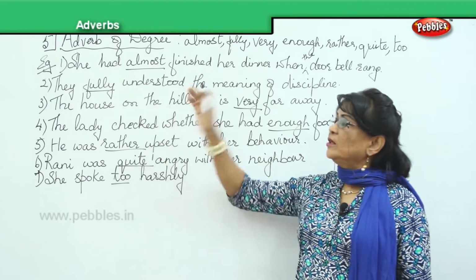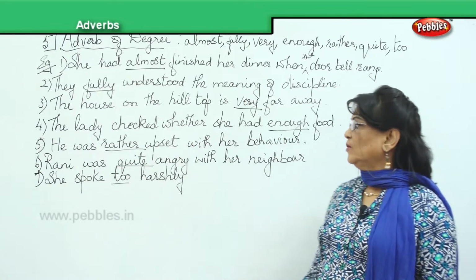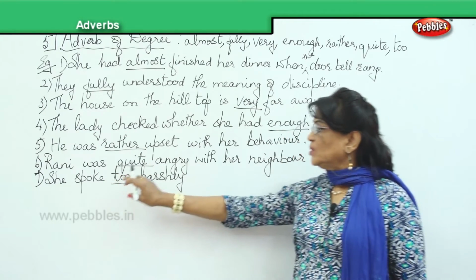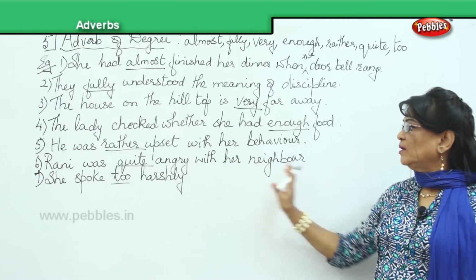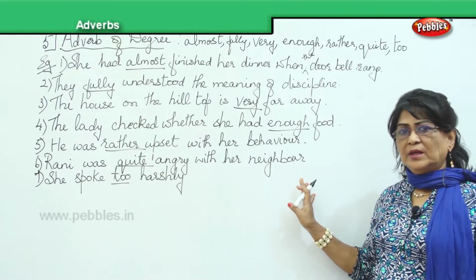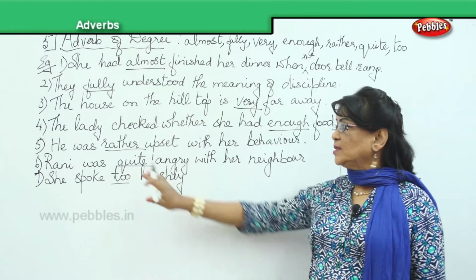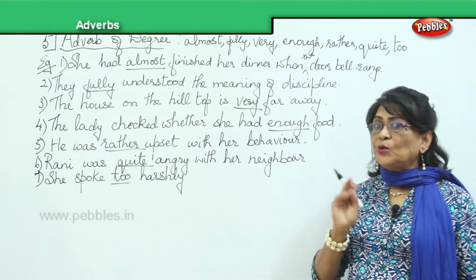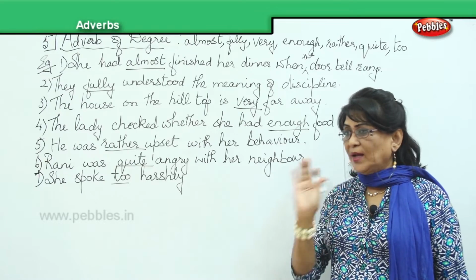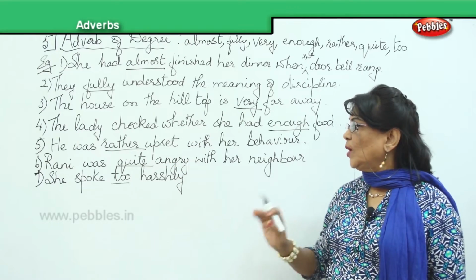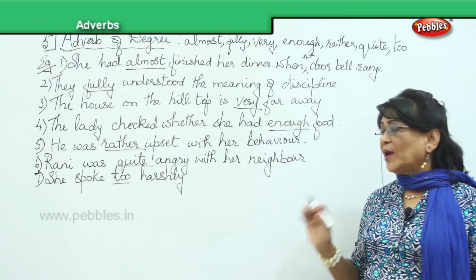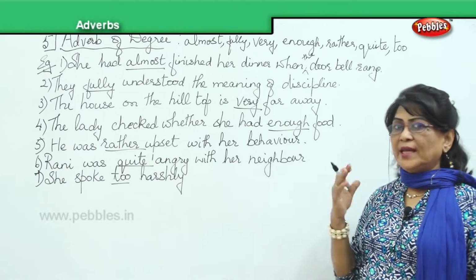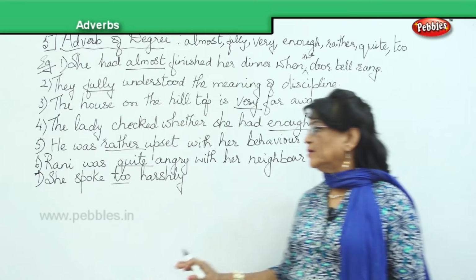So, this also denotes the degree, the adverb of degree. Rani was quite angry with her neighbor. Quite is Q-U-I-T-E, not Q-U-I-E-T, which means very quiet, silent. It denotes the intensity of her anger.